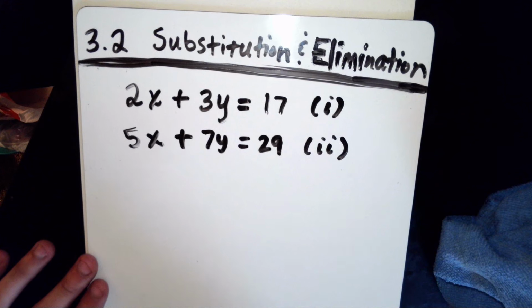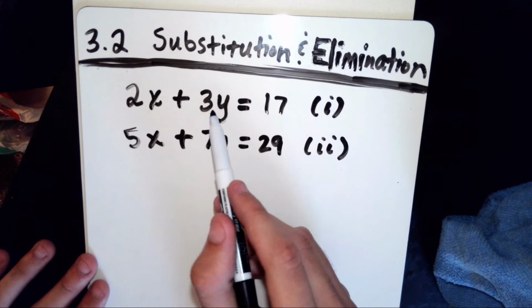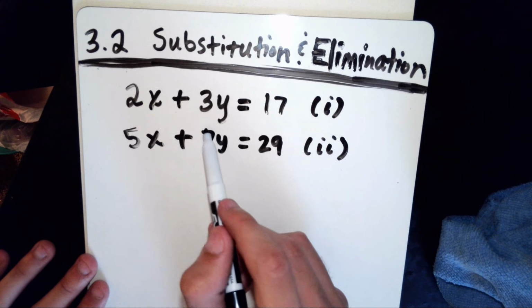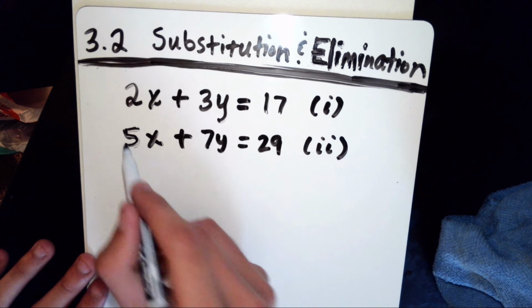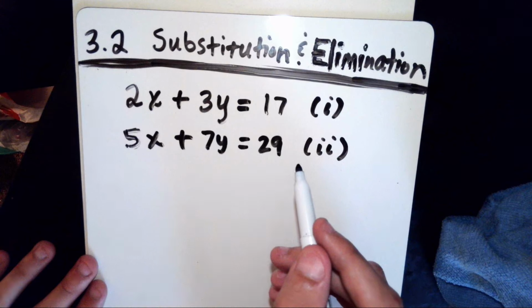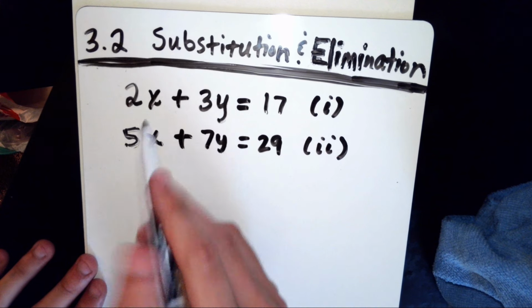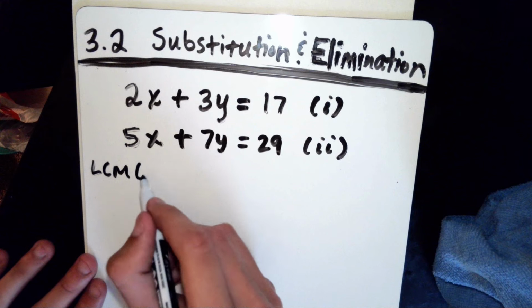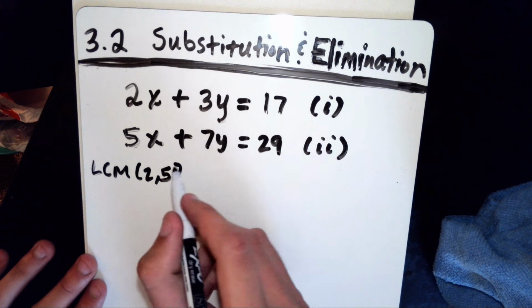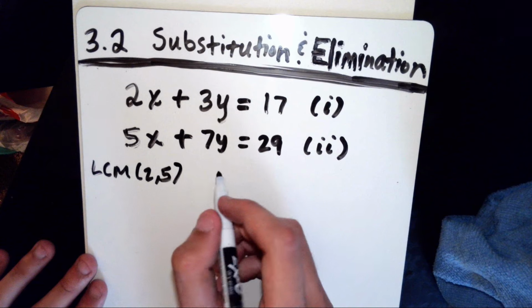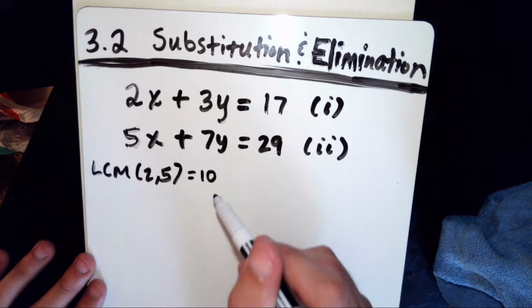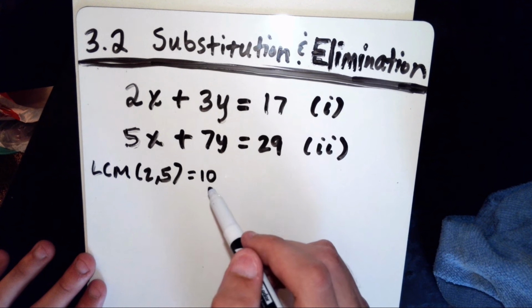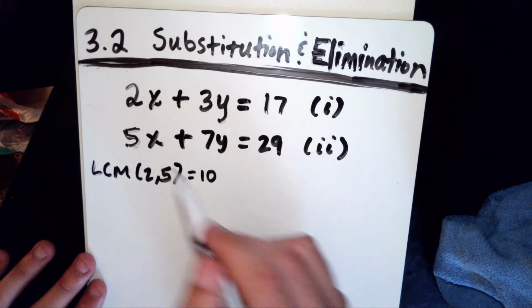We're going to have to determine the least common multiple of 3 and 7, or the least common multiple of 2 and 5. So this is what I mean. We'll determine the least common multiple of 2 and 5, let's say. Well, 2 and 5 are both prime numbers, so the least common multiple is just 10. 2 goes into 10, 5 goes into 10, and it's the lowest number for which that's the case.